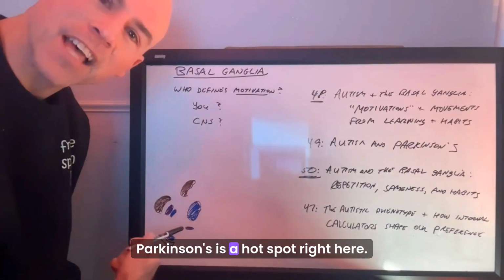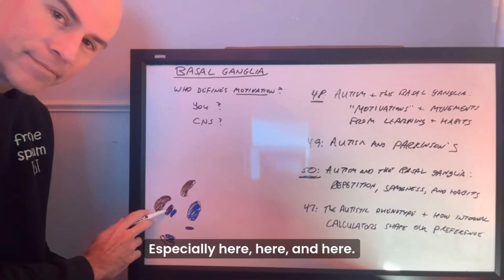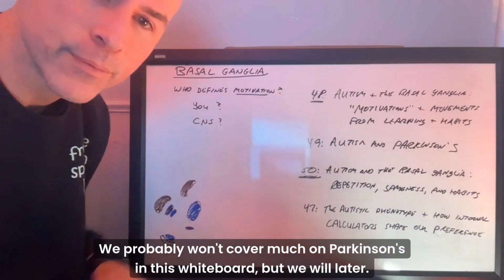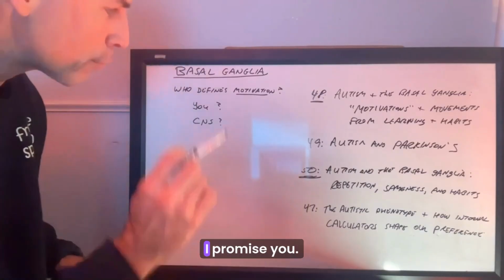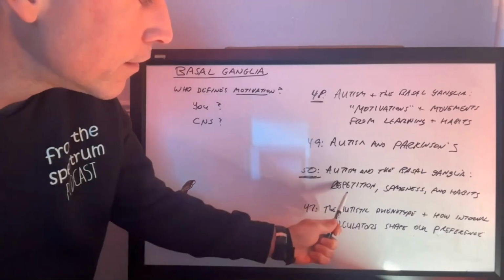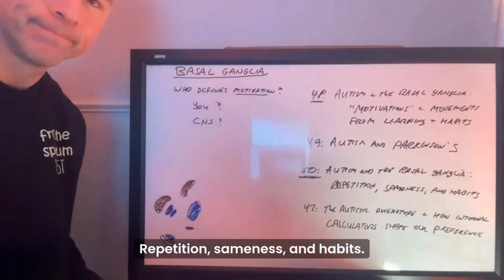Parkinson's is a hot spot right here, especially here, here, and here. We probably won't cover much on Parkinson's in this whiteboard, but we will later, I promise you. Episode 50, autism in the basal ganglia: repetition, sameness, and habits.